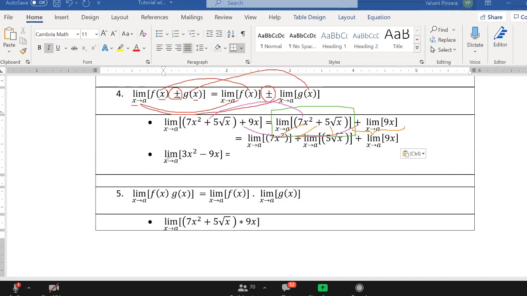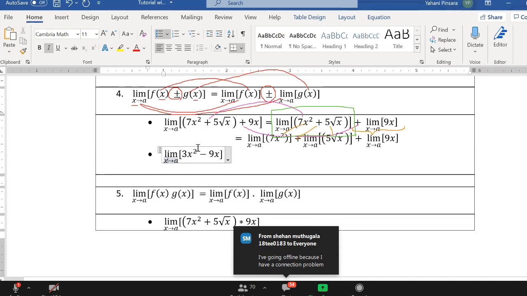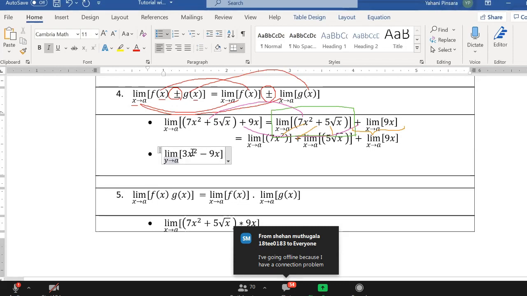So here we have the variable x. So let's say instead of x we have y. In that case, the same procedure happens.